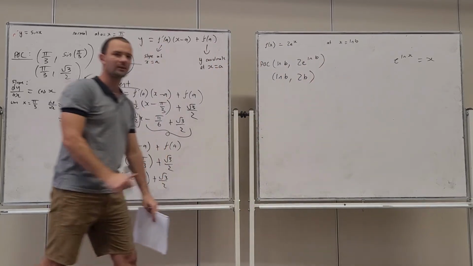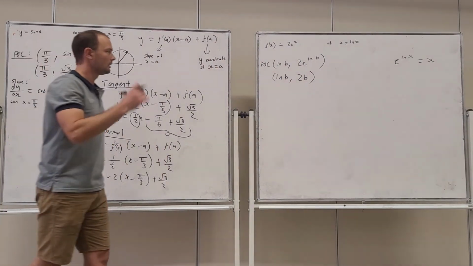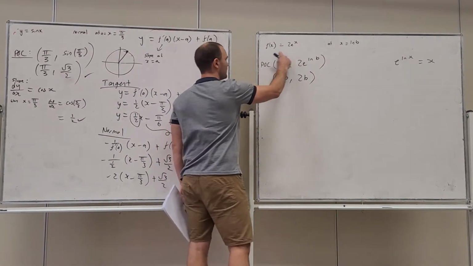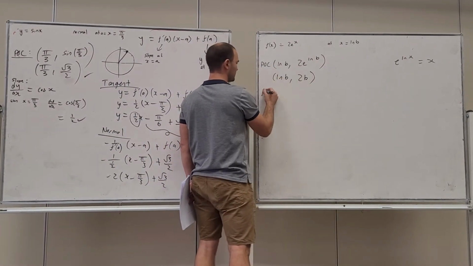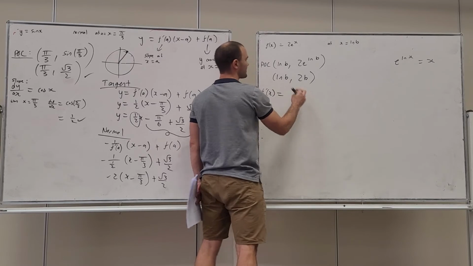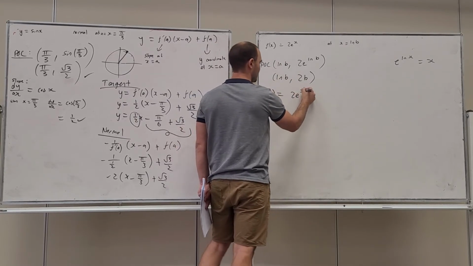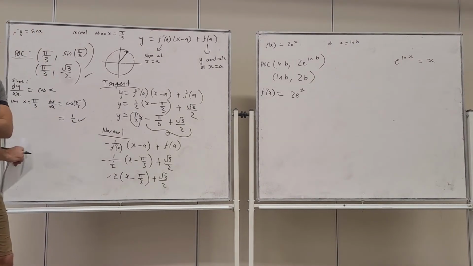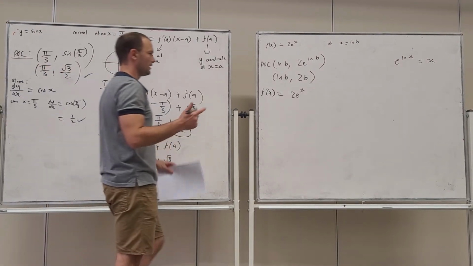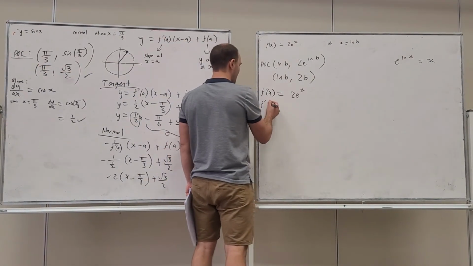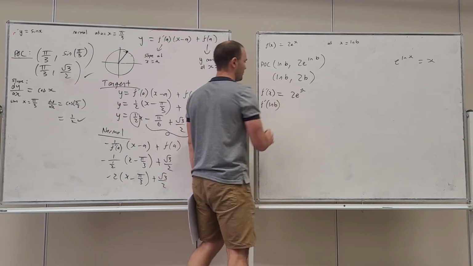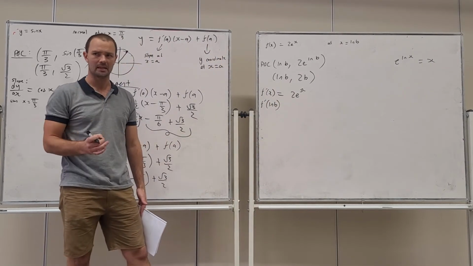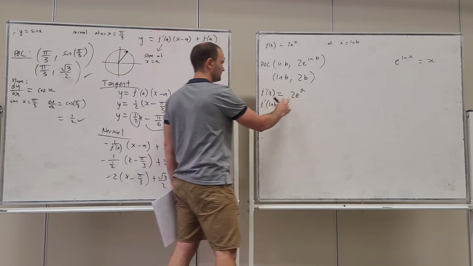So we've got a point of contact. Let's do a slope, okay? If this is f of x, then f dash of x is going to be 2e to the x. It doesn't change, does it? That's the meme on the front. So then f dash of ln b will be: sub ln b into this equation.